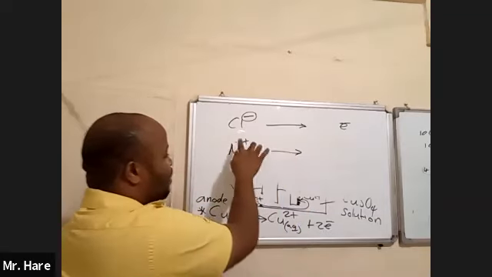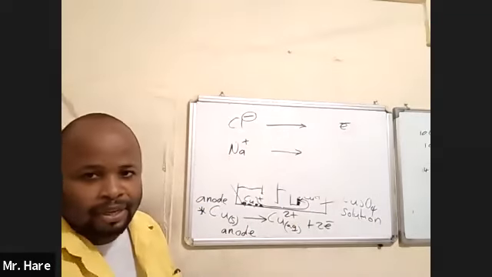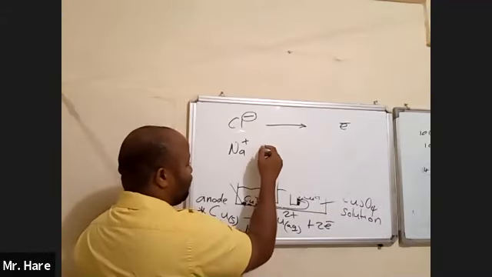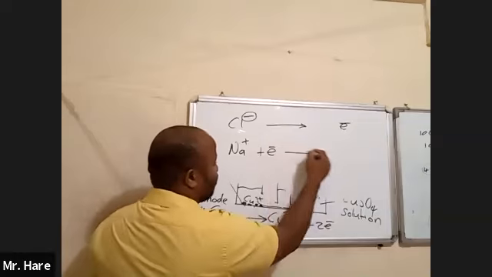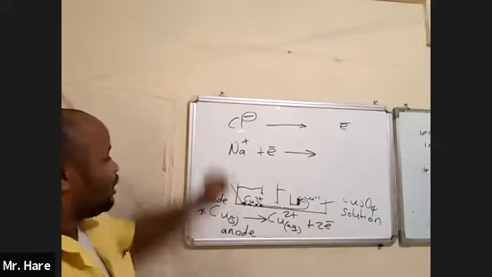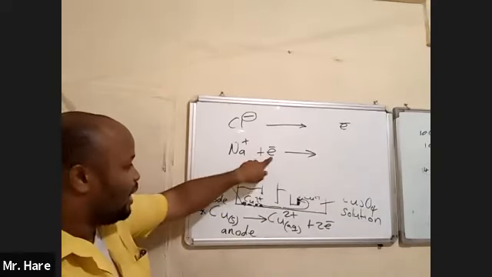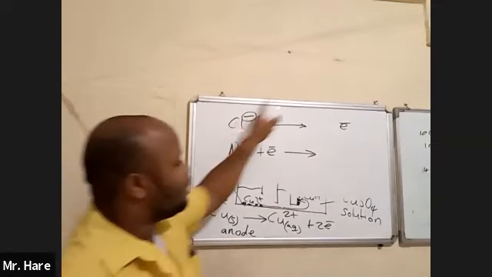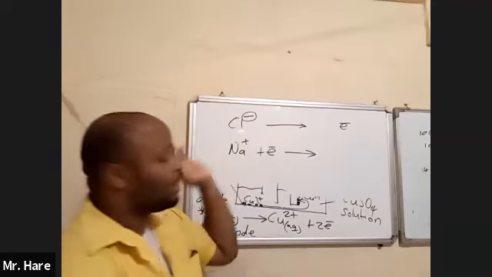For the positive ion, it is gaining electron, so the electron must be on the same side. Right? So the positive ion is gaining an electron, so it is on the same side. The negative ion is giving up the electron, so it's on the opposite side.